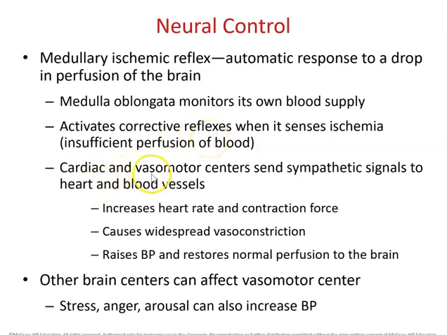The cardiac and vasomotor centers will send sympathetic nerve signals to the heart and blood vessels to increase the heart rate and the contraction force, causing widespread vasoconstriction through the body and raising the blood pressure to restore normal perfusion to the brain. Other brain centers can also affect the vasomotor center, such as stress, anger, and arousal.